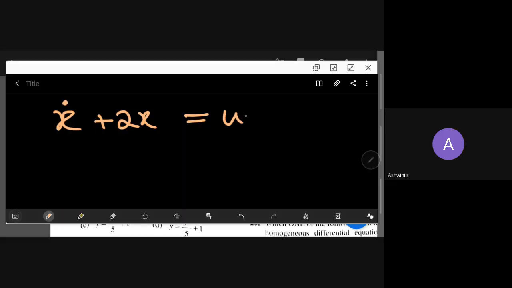So this is a linear equation. So what will it be?